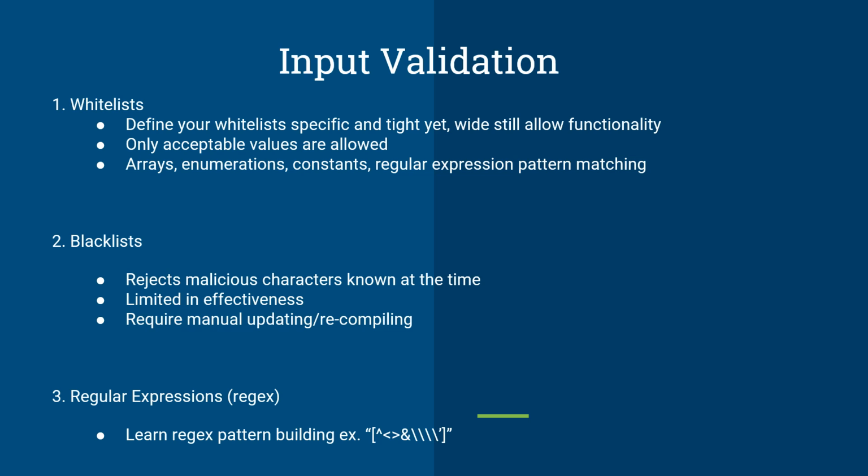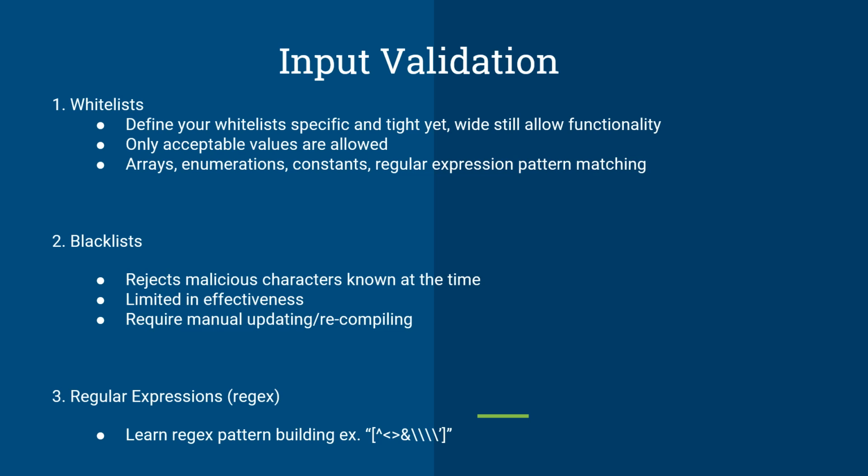Basically, you are going to define your whitelist to be as specific in the type as possible, yet wide enough to still allow for the business functionality to be maintained in the page. What I mean is, if you have a text box that only receives a name, then you should only receive alphabetic characters. You should not receive any numbers.